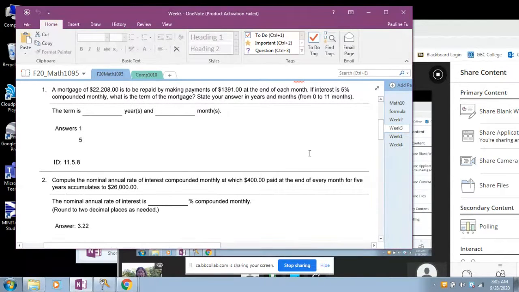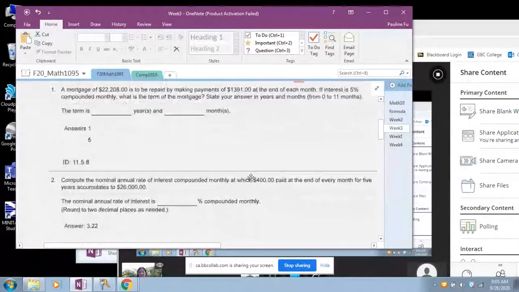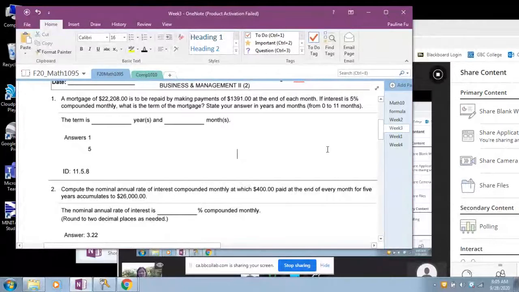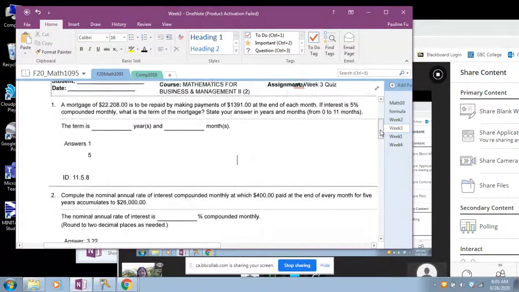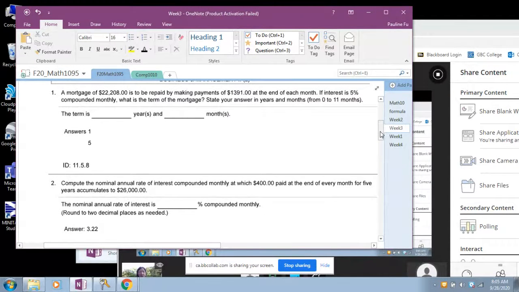Maybe I'll try to make the font bigger. All right, shall we begin?